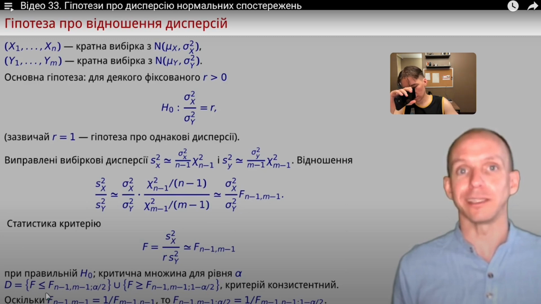And this has the Fisher distribution with n minus 1, m minus 1 degrees of freedom.